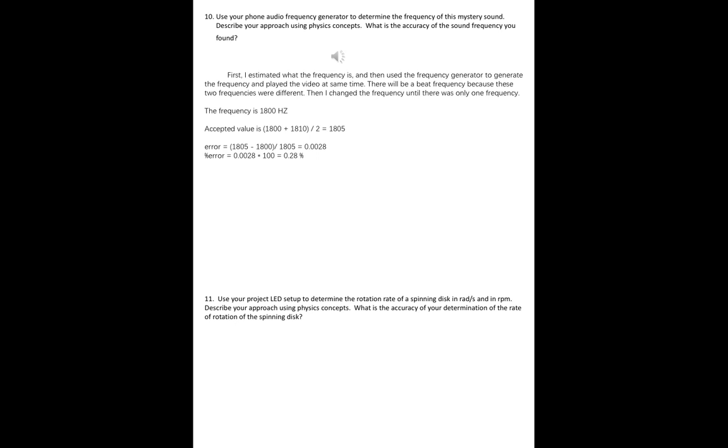The frequency that I estimated is 1800 Hz, and the accepted value I calculated is 1805, and the error is 0.0028, and the percent error is 0.28%.